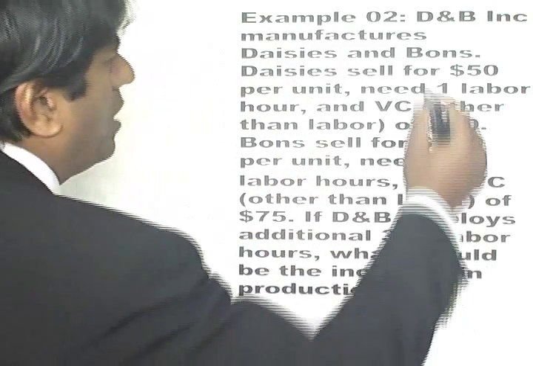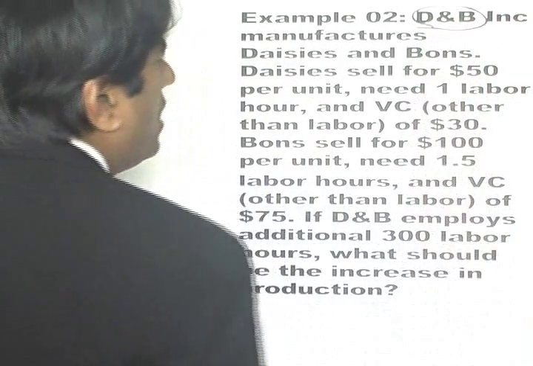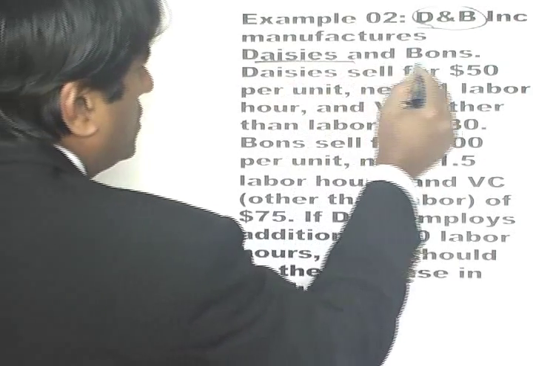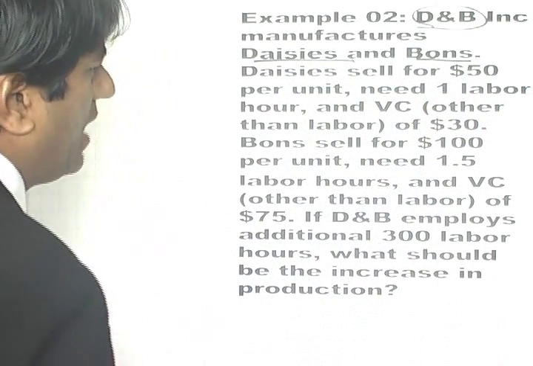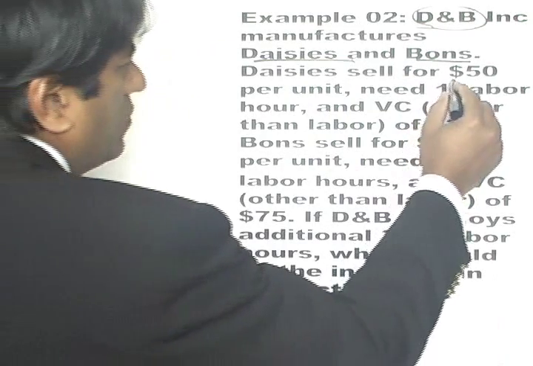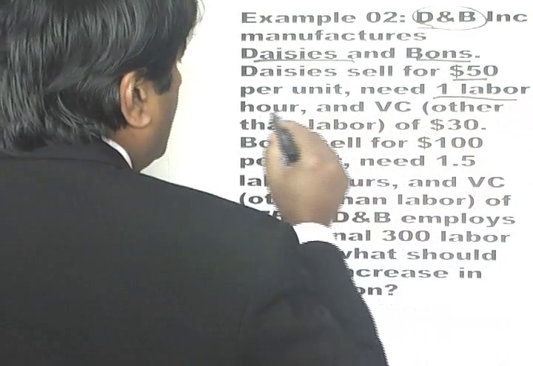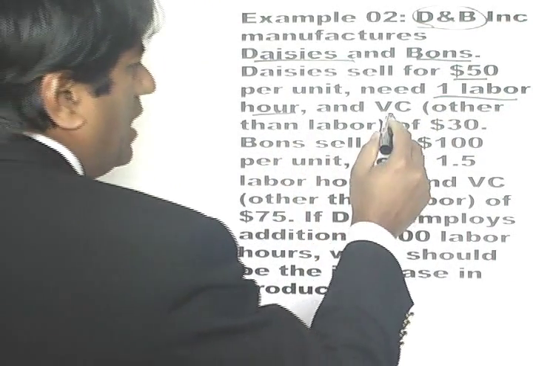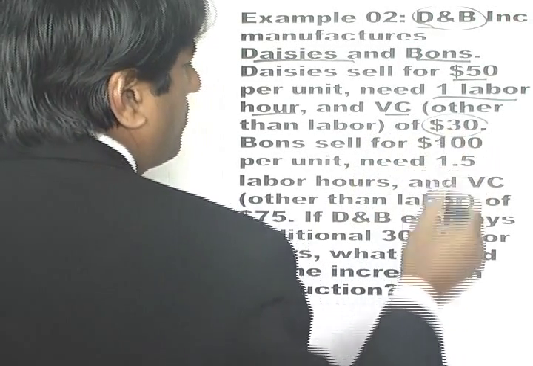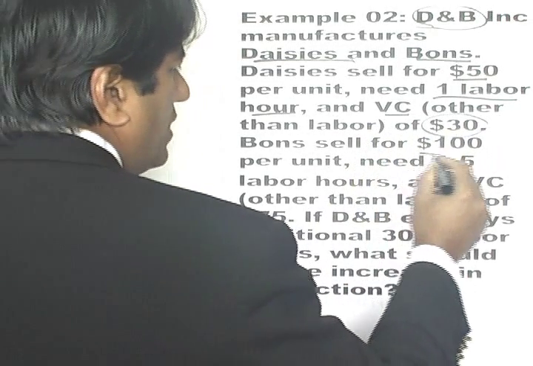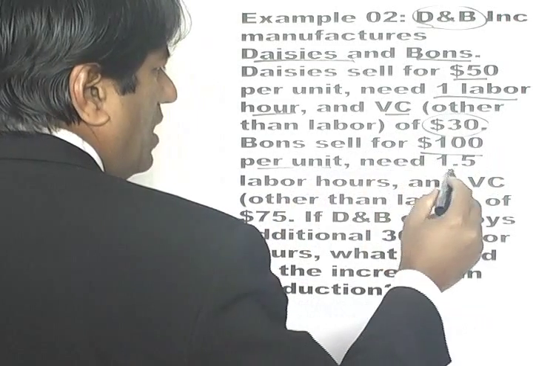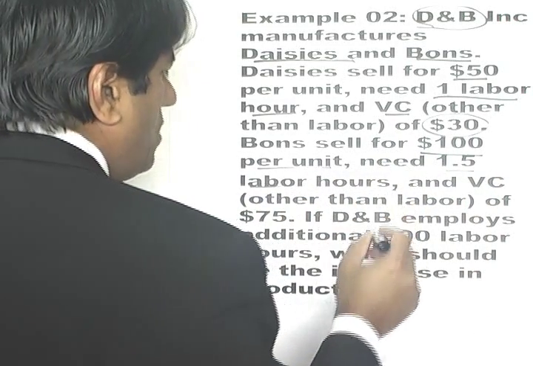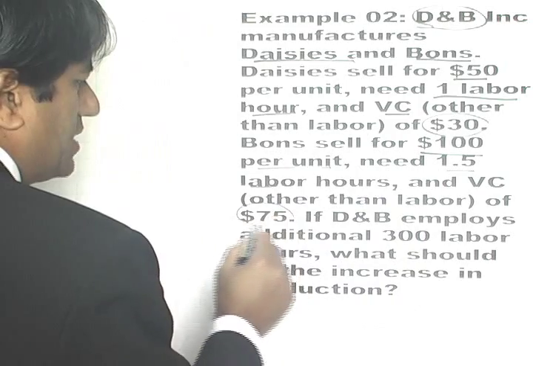So you have a firm, D&B, which makes daisies and bonds, and daisies sell for $50 per unit, and they need 1 labor hour, and the variable cost is $30. Bonds sell for $100 per unit, need 1.5 labor hours, and variable cost is $75.